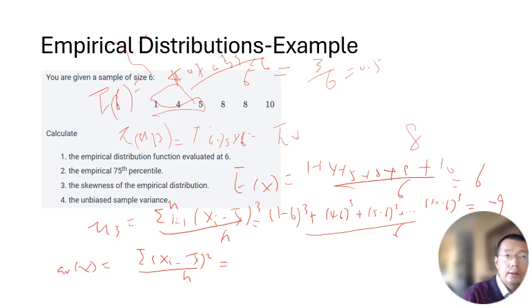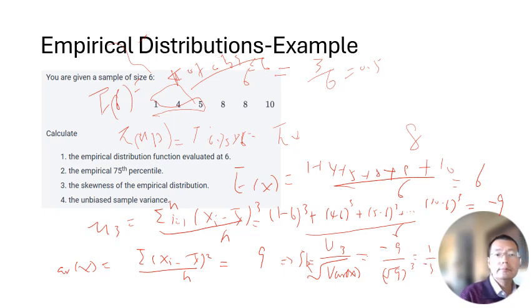Once you calculate this, from here we can get the skewness, which is mu3 over the square root of variance cubed. So skewness is negative.